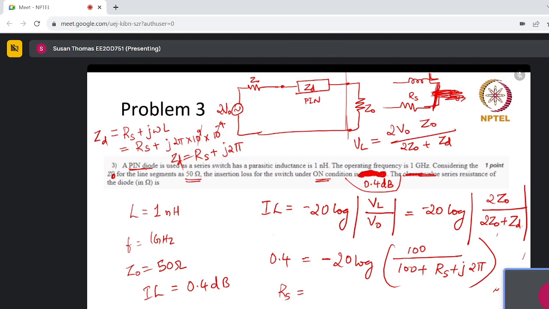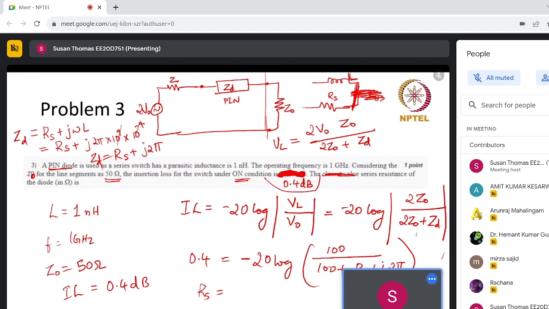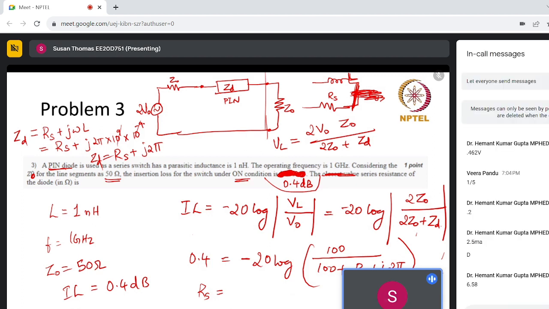Hello, have you got any answers? Maybe you will get a quadratic equation, yes, so the answer is 6.58. Anybody else with the answers?